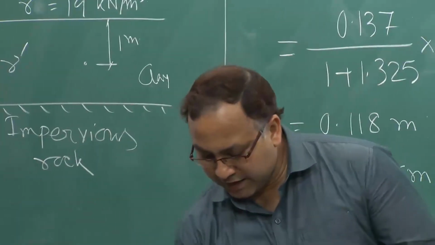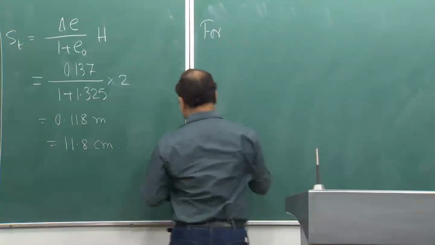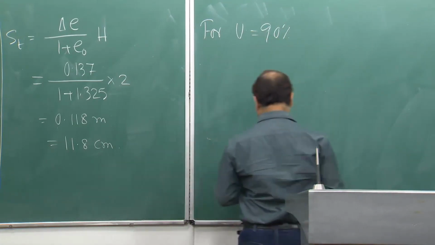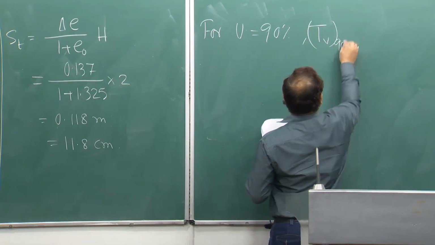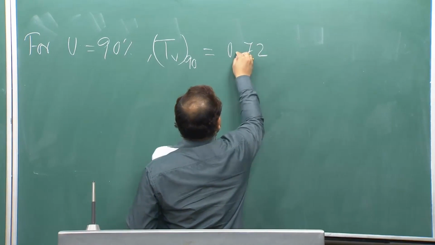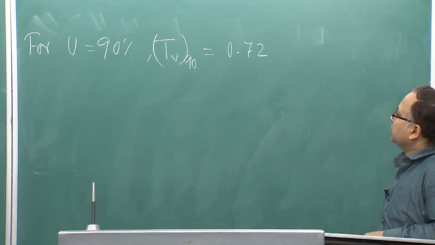Now we will go for the second part. For U equal to 90% consolidation, your TV 90 is equal to 0.72. I am not writing the expression, you can calculate.